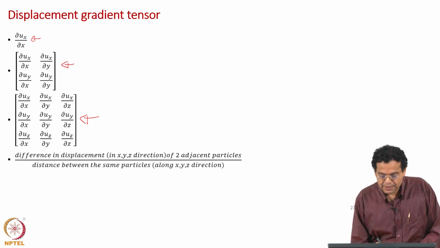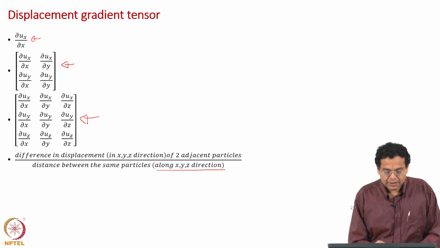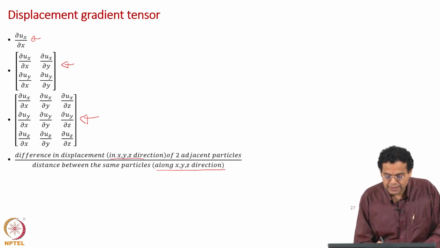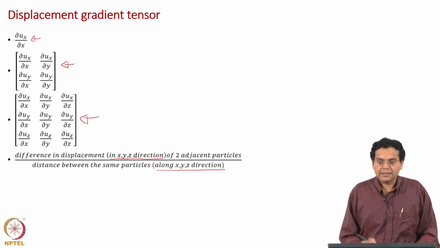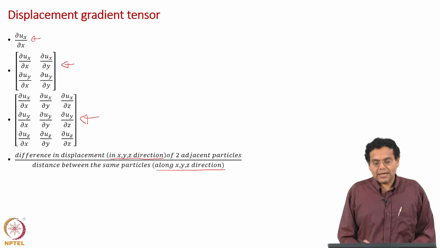We have considered particles along x, y, z direction, that is one direction. We have considered displacement in x, y, z direction for those particles, that gives another direction. So, we have 2 directions to represent each entry in this matrix, and hence it is a displacement gradient tensor.